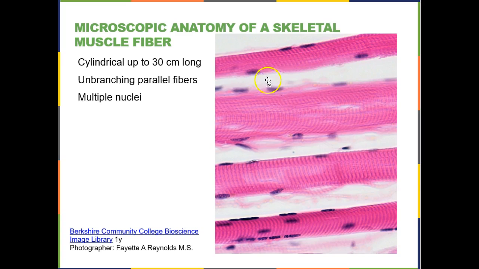And you'll notice when you look at this fiber here, there's a nucleus here, a nucleus there, a nucleus there, and a nucleus there. So what your muscle fibers are is actually the product of the fusion of what are called myoblasts. You have these immature cells that are going to become muscle cells that all line up next to each other, and they form what's called a myotube.